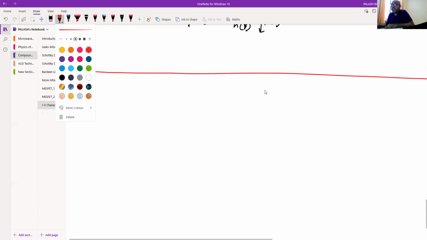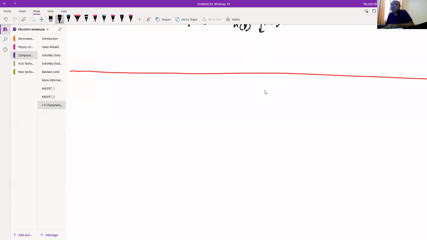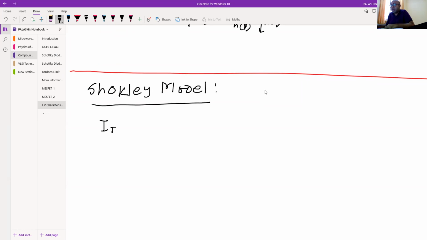One of these is the Schottky diode Shockley model. This is the Shockley model, and as per the Shockley model, we got the equation in this format, right? Just let me write.